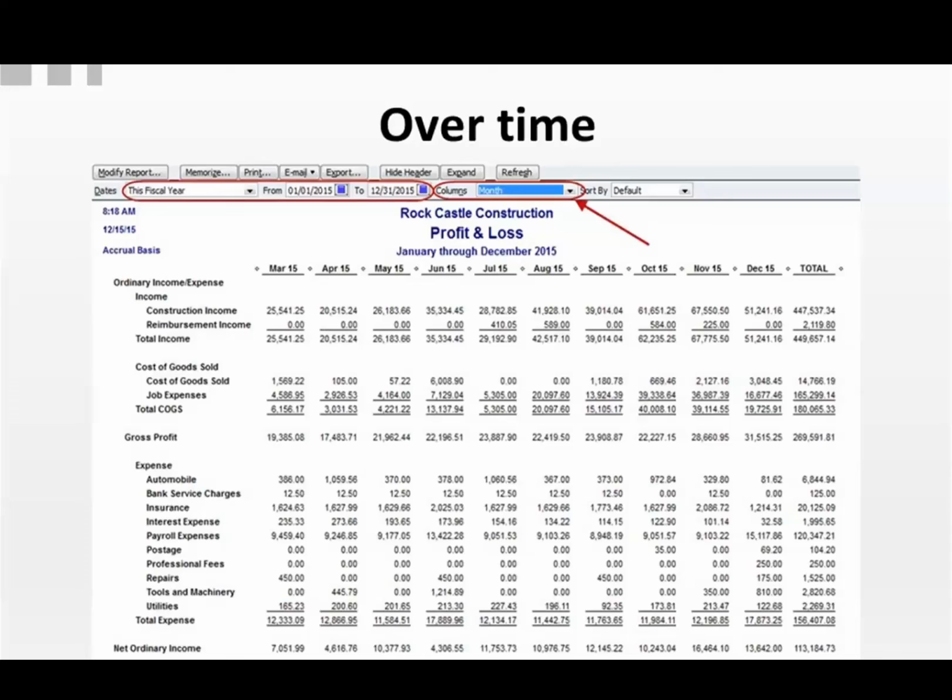We talked a little bit about looking at trends before. If I look at the gross profit per month, I can see that we're trending in the right direction. As a matter of fact, in December we made $31,000 in gross profit. That's a great number compared to where we were in March, where we've increased it quite a bit.